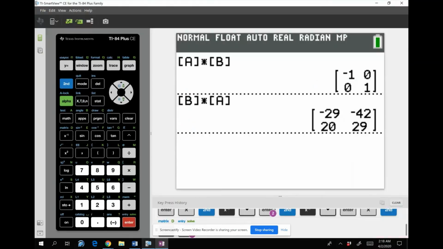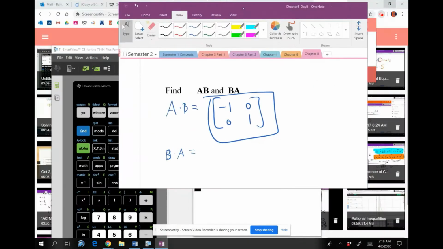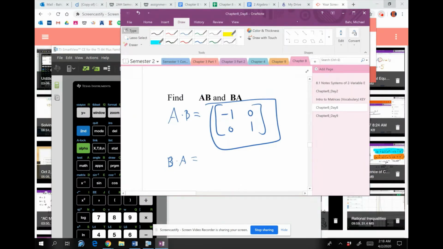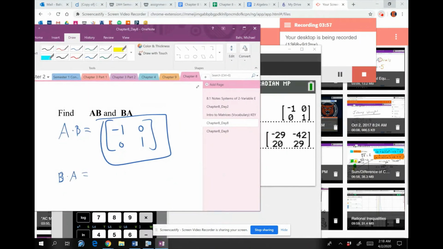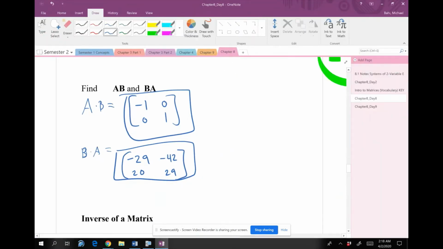And BA was some nonsense. Negative 29, negative 42, 20, and 29. That's our answer. So what is really going on here?